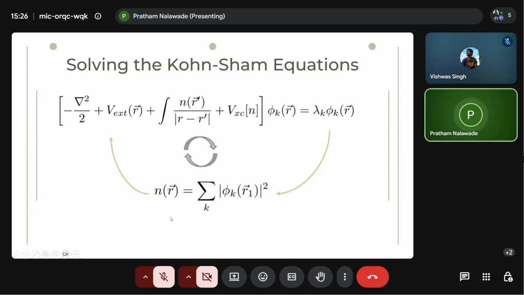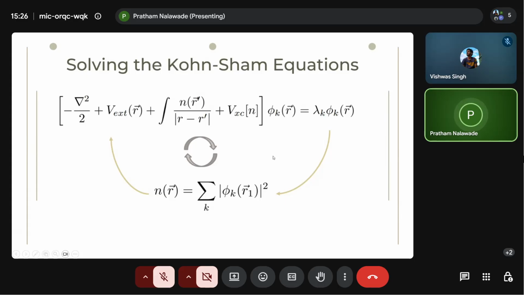You start with a density; you can start with any density. Here you can see it is just a superposition of all the one particle wave functions. You start with this density, you plug that into the Kohn-Sham equation, you get single particle orbitals, you again put that in here, and then you again get charge density, and you just solve this iteratively.